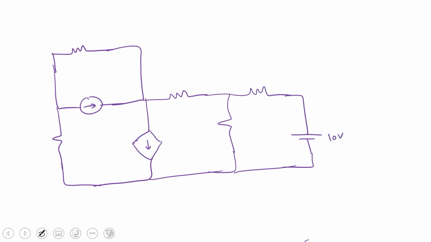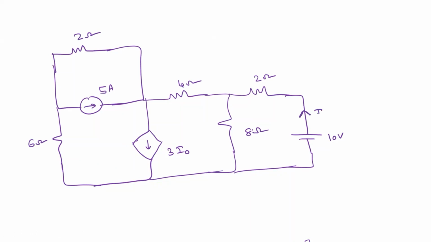I am taking this from the textbook: 10 volts, 3 I0, this 6 ohm, this 5 ampere, and this 2 ohm. Where is I0? The current through this 2 ohm resistor is I0.